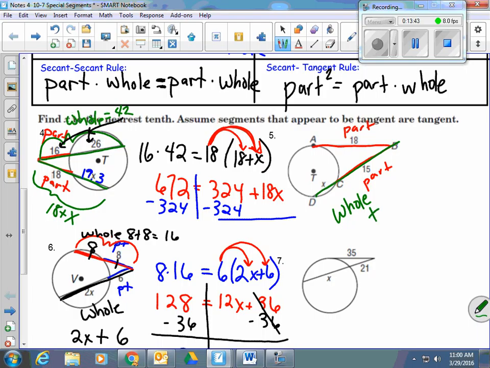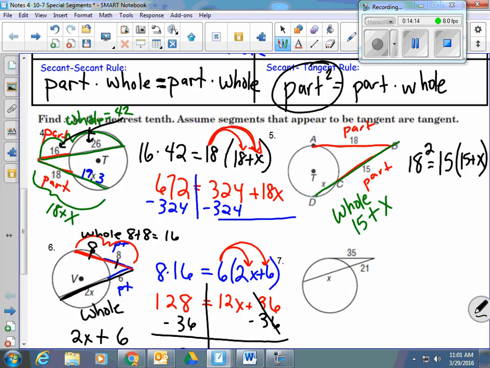We have to add, right? The part and this little piece right here, so it would be x. Now, because right here did not have a whole, then it's part what? Part squared, right here. So this would be 18 squared. What's my part on the bottom? 15. And I'm going to multiply that by the whole thing, which is 15 plus x.